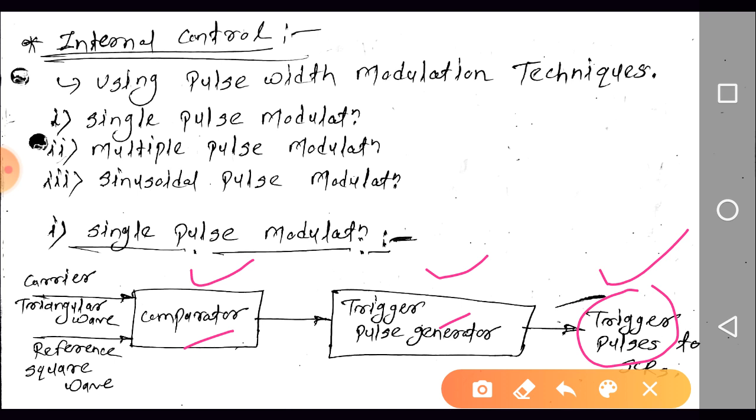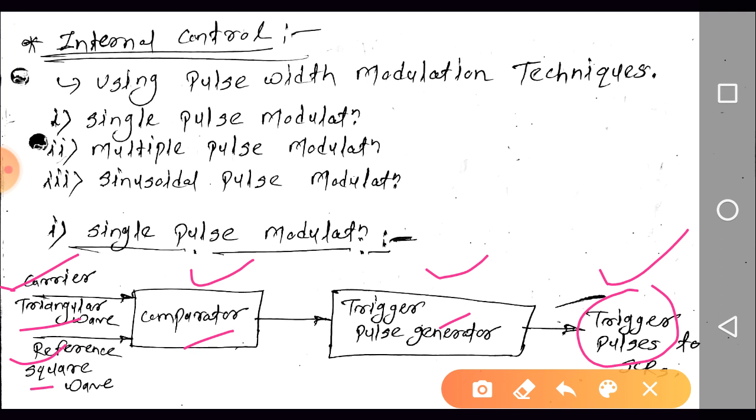Be careful, the input to the comparator block is a carrier wave and a reference wave, right? For the single pulse modulation technique, we use a triangular wave as the carrier wave, and the reference wave is a square wave. What is the purpose of the comparator? The comparator will compare the magnitudes of these two waves, and depending on the comparison, it gives the signal to the trigger pulse generator.